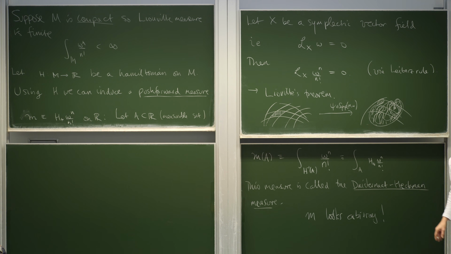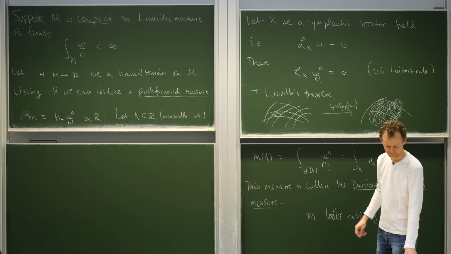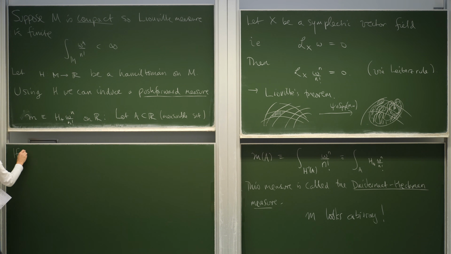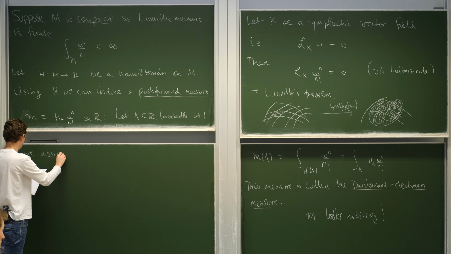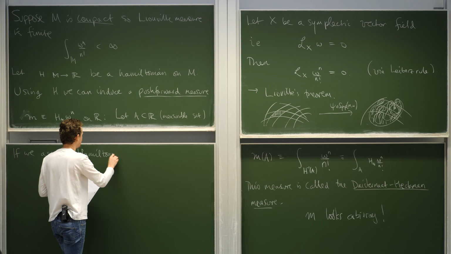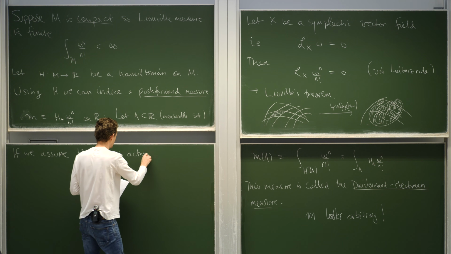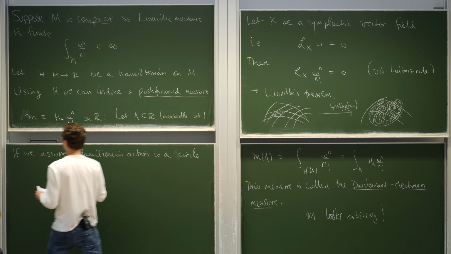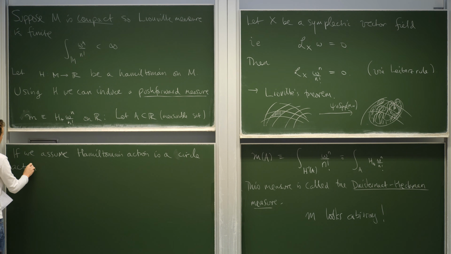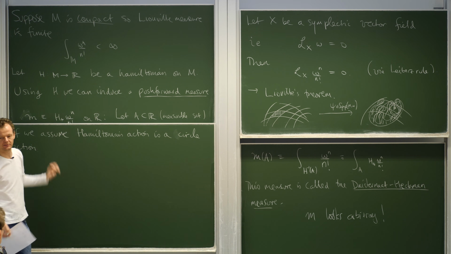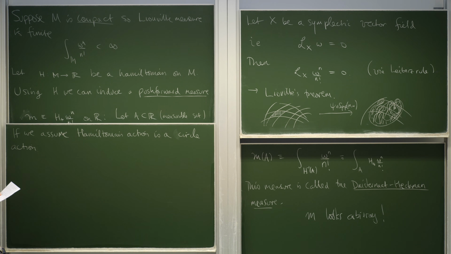So I want to emphasize that M looks pretty arbitrary. And indeed, for the non-compact case, it is pretty arbitrary. But let's make things slightly less arbitrary and focus on the circle case.